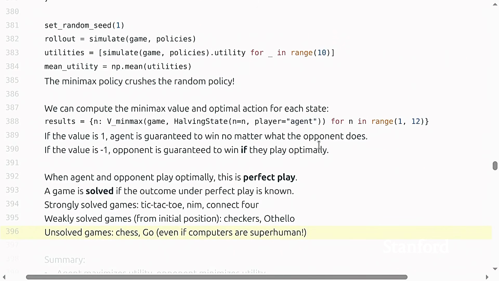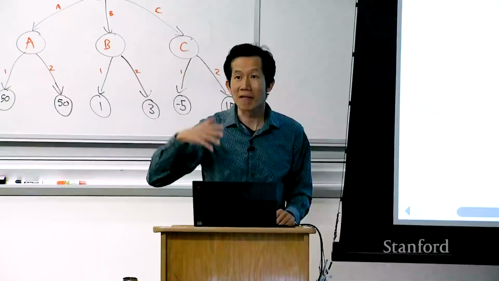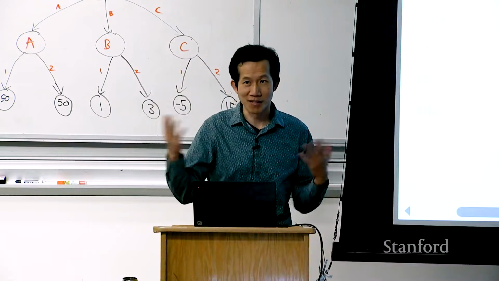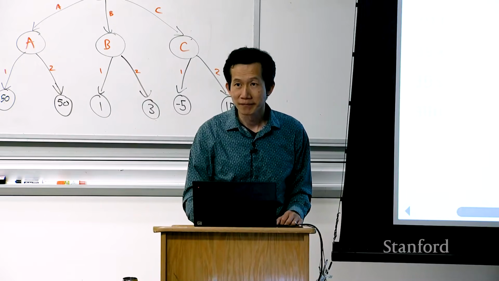There's an important distinction: people think that chess and Go are quote-unquote solved because we have computers that can beat humans. But we don't know the minimax value of the root, and we don't have the optimal policy. We just have policies that are better than humans.